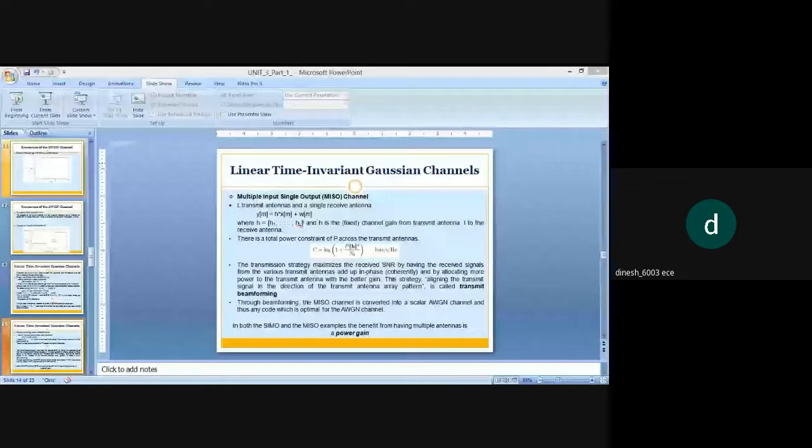And you can see comparatively with this point, the second subcarrier has a power allocation. So these are the references.